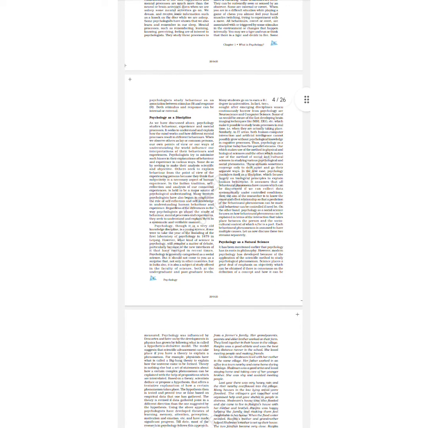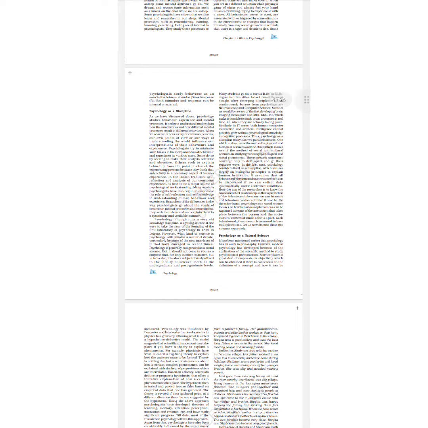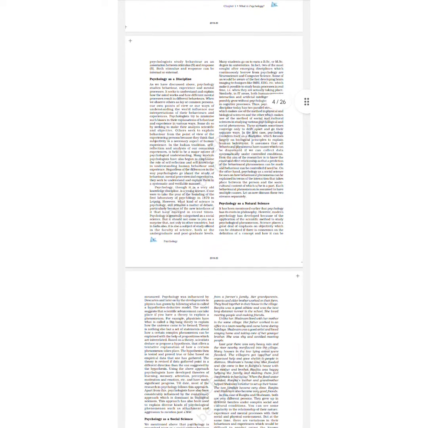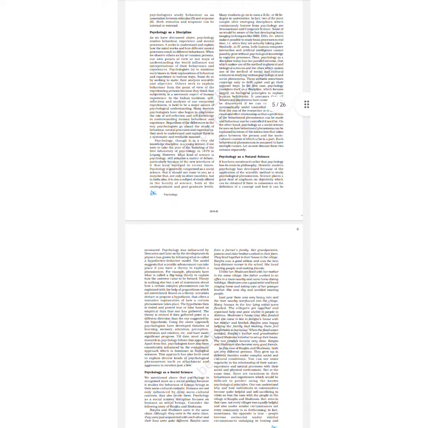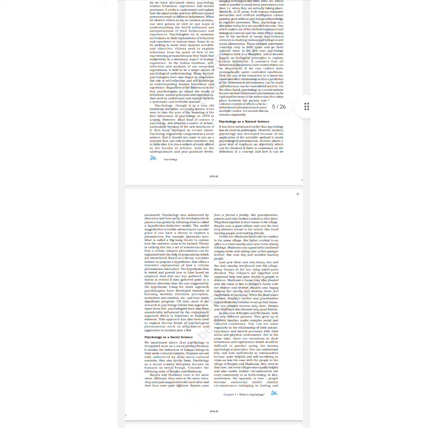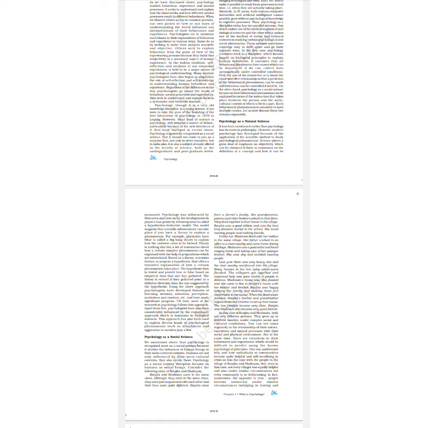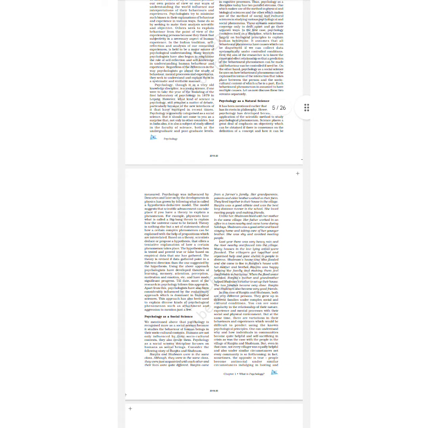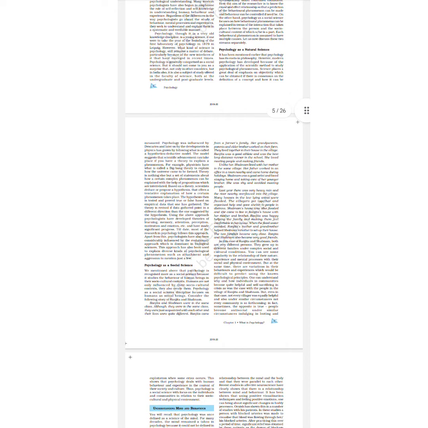In the same way you can go through the next section, psychology as a natural science. As a natural science, the main word to highlight is objectivity, and second, the hypothetico-deductive model. I hope you all know, as you studied before, what the hypothetico-deductive model is. This model tells you that if you want to explain any phenomenon, you should have a theory behind it.